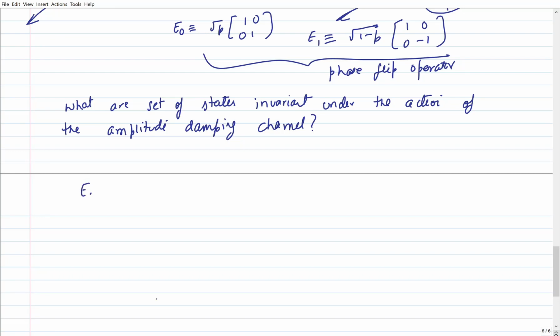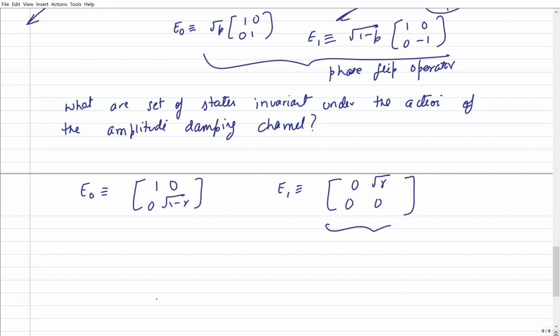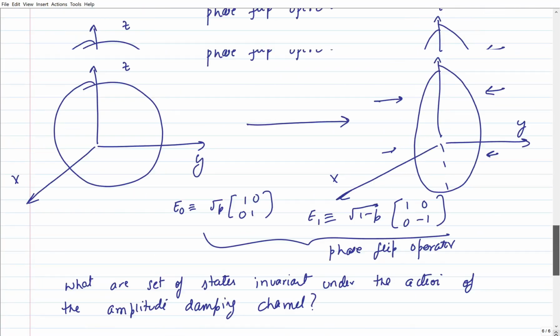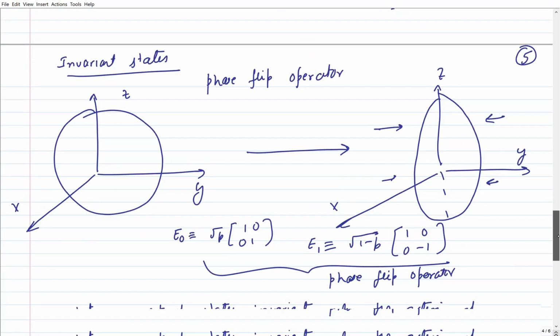Remember, the operation elements in this case were, we just did it, this guy and this guy. And as we saw, this was causing, let me just see if I labeled them correctly over here. Yeah.